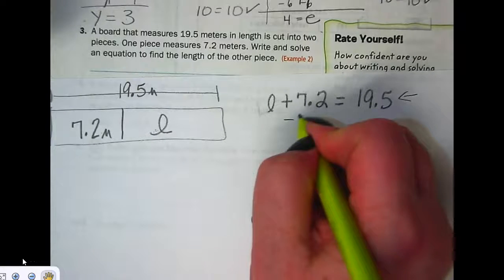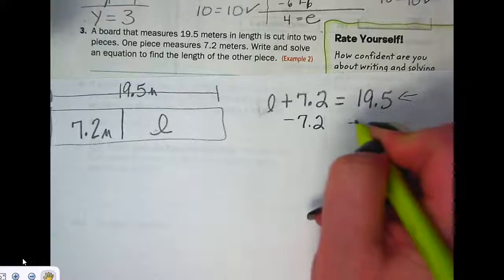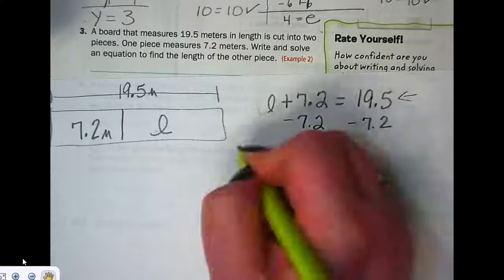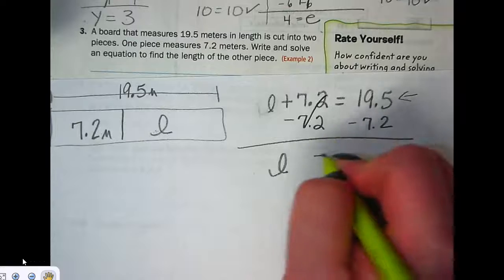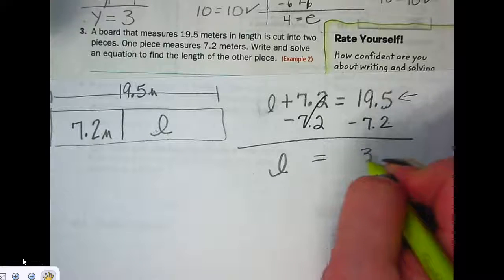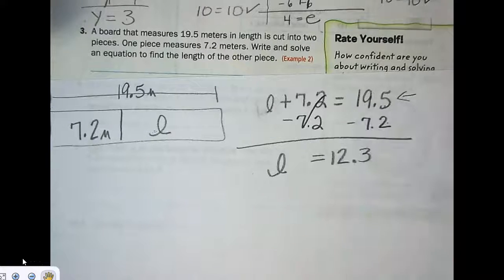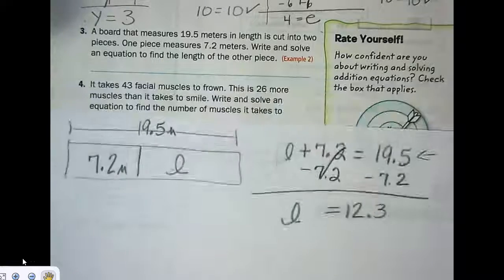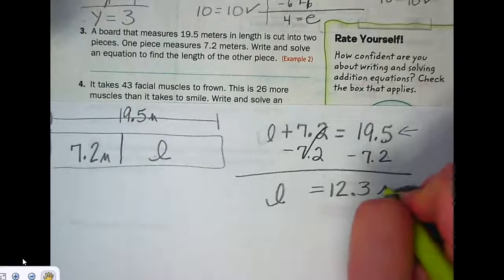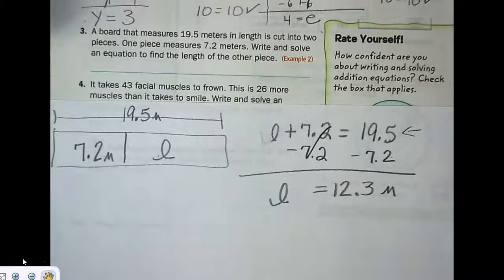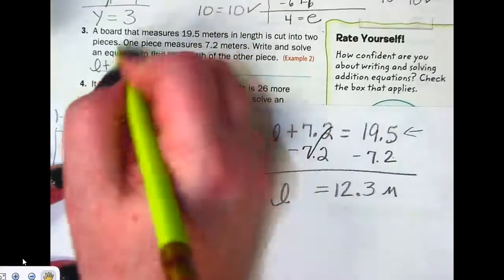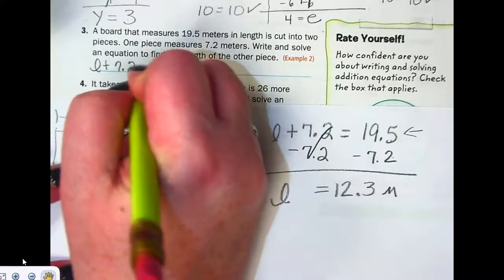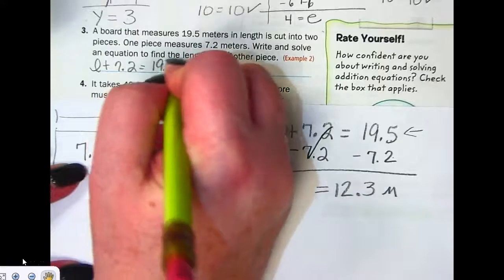So I'm going to subtract 7 2/10, subtract 7 2/10. You're left with the length, that goes away, equals, that's a 3, 12 3/10 meters. So you need to have length plus 7.2 equals 19.5.